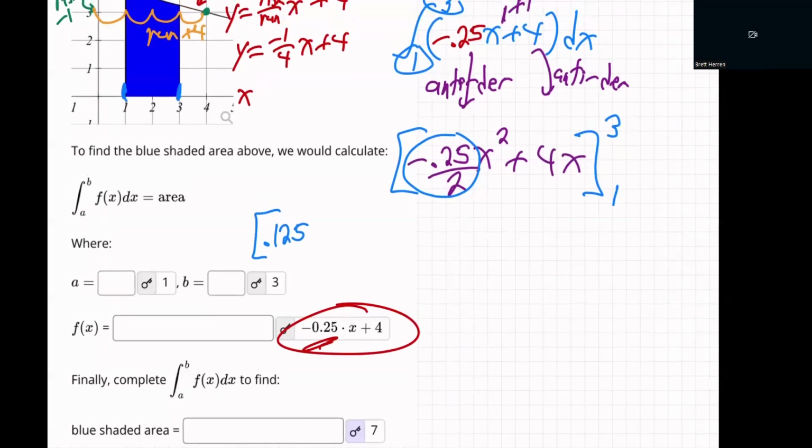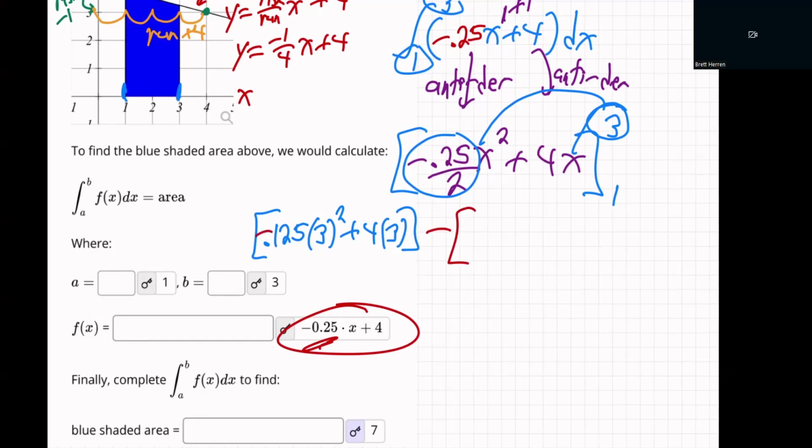And I'm plugging in the 3 there and there. 3 squared plus 4 times 3. And then minus, and then I do the whole function again. Oh, that should have been negative 0.125. This time plug in the 1 there and there.